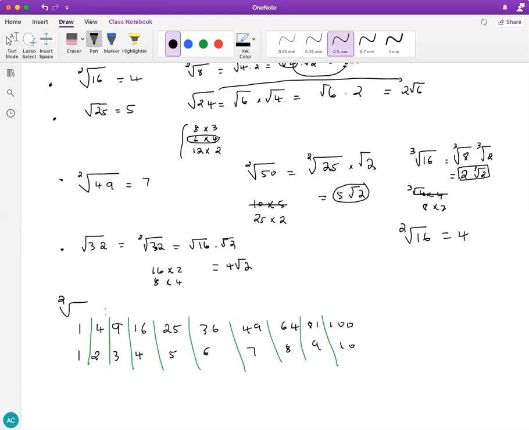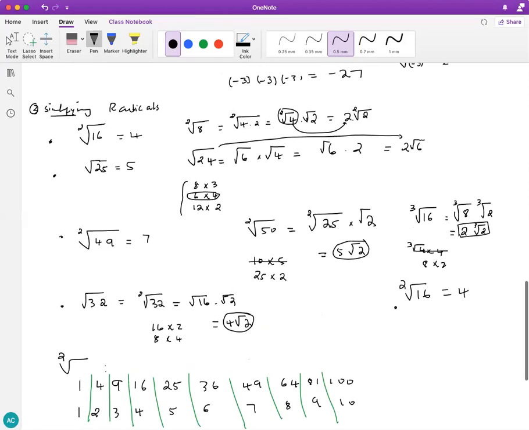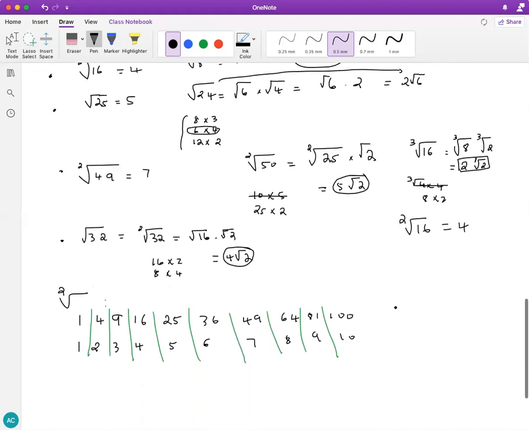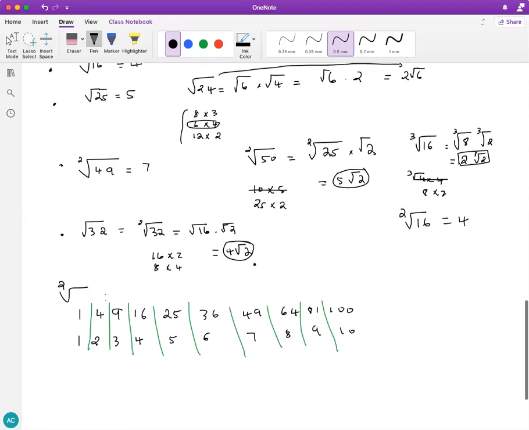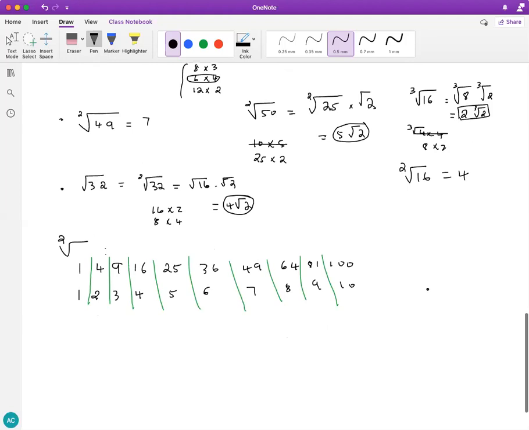So the square root of 32 is basically this. That's how you break down radicals when they don't have perfect roots. It works most of the time for numbers that you can break down into perfect roots.